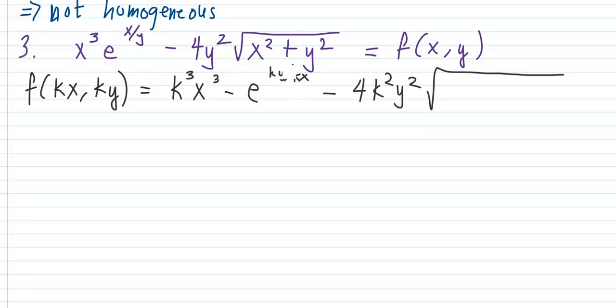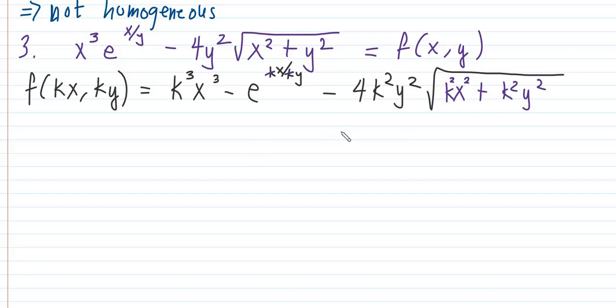So this should be x over y, kx over ky. And then x squared will now be k squared x squared plus k squared y squared. So the k here will cancel out.